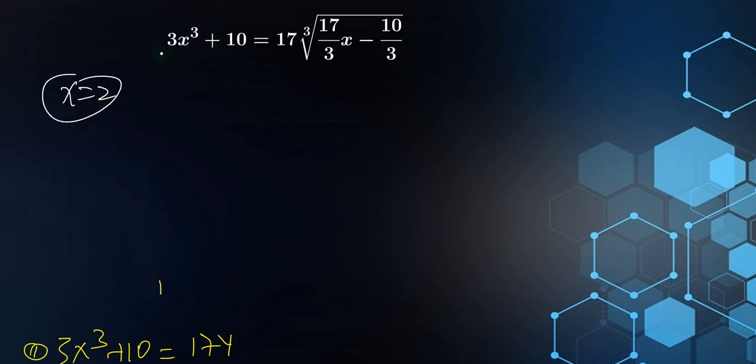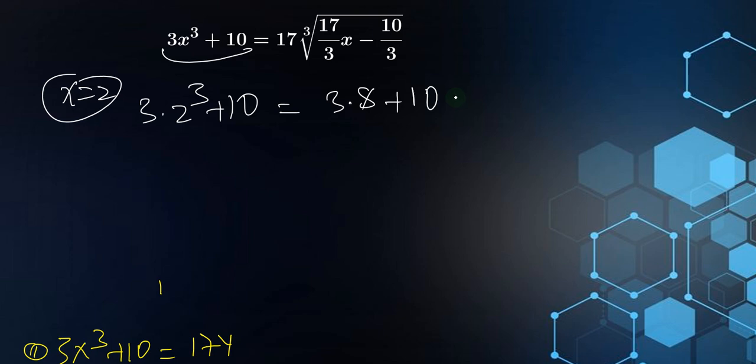The right side here is 3 times 2 to the 3 plus 10. So the right side is going to be equal to 3 times 8 plus 10, and this is 24 plus 10, this is 34. Okay, cool.